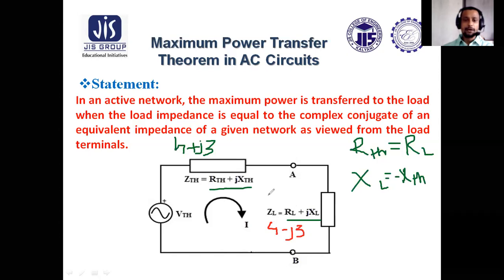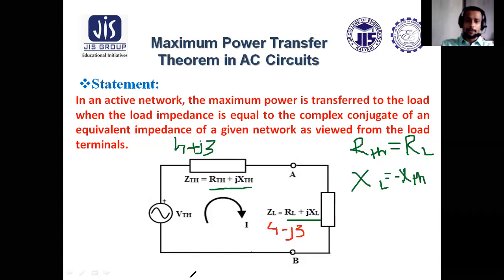So what does it imply? It implies the real part, or resistance, for both cases should be the same, but the inductive reactance or capacitive reactance part should be of opposite sign and equal in magnitude. So complex conjugate implies the imaginary parts should be equal and opposite in magnitude.